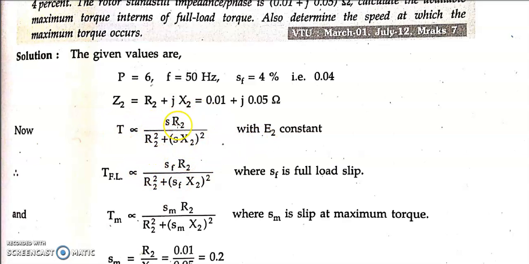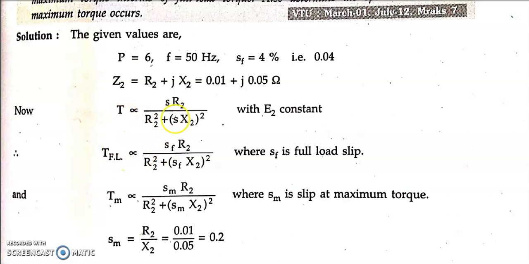You can take E2 into consideration here also, not a big deal, anyhow they are going to cancel out. Only the slip will change, that is the full load slip as well as the maximum slip are the two things which will change, whereas your R2 and X2 will always remain the same. So you can consider K E2 as well as K2 here. Not a big deal.